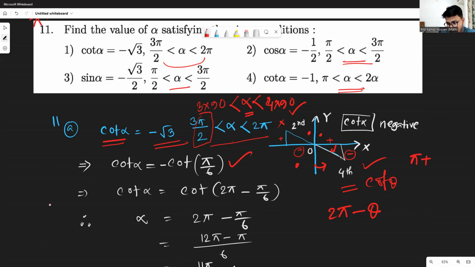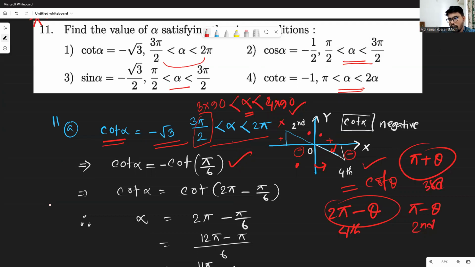This is the third quadrant. In the second quadrant it is pi minus theta. And this is the fourth quadrant, 2 pi minus theta.